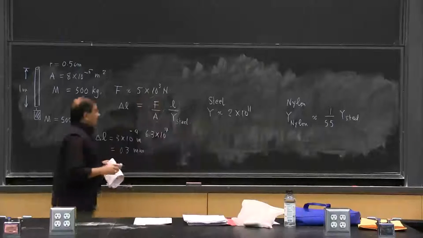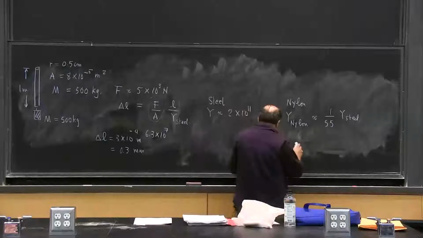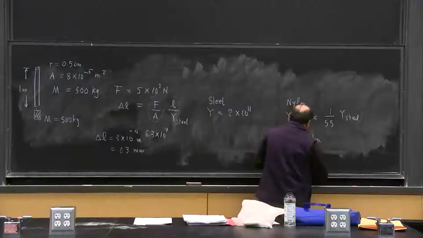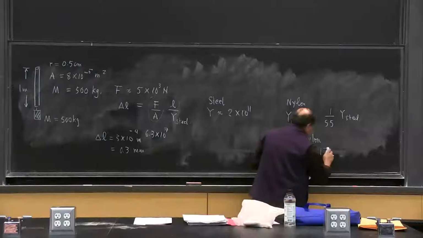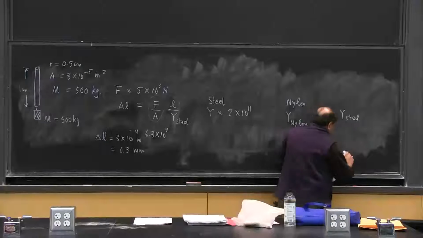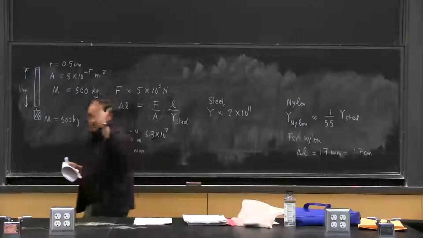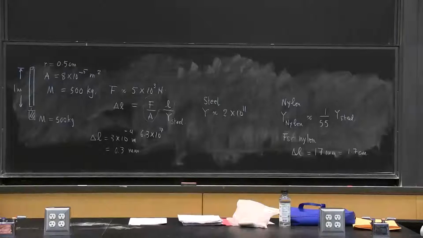So if I make it a nylon wire, obviously the elongation would be much larger, and for nylon my delta L would come out to 17 millimeters, or 1.7 centimeters. So in a nylon wire, you'll be able to see the stretch with your eyes, whereas 0.3 millimeter is something that we typically cannot see with our naked eyes. And we know from intuition that nylon does stretch very nicely.